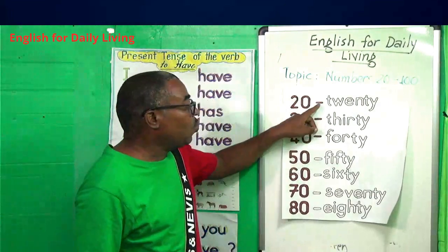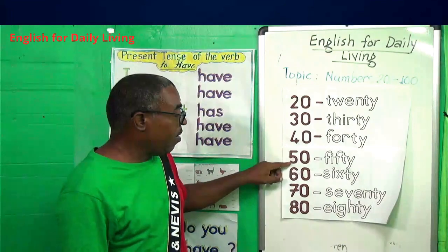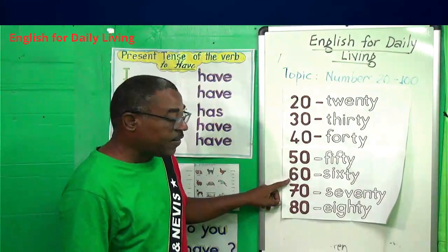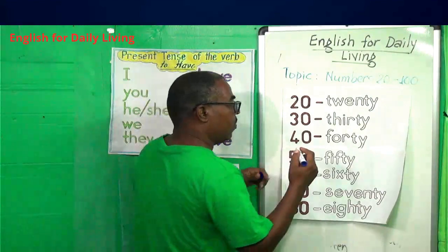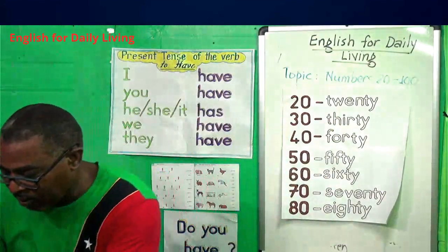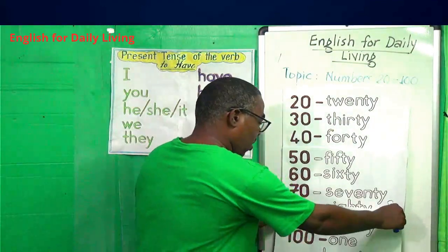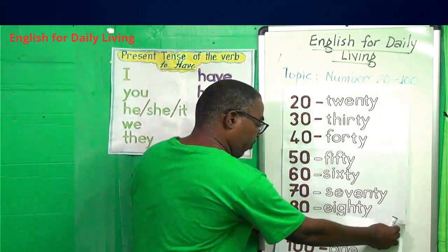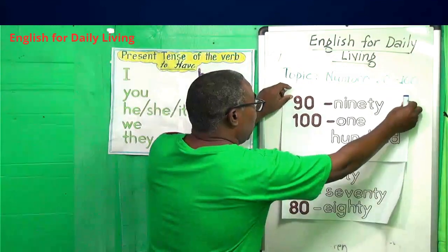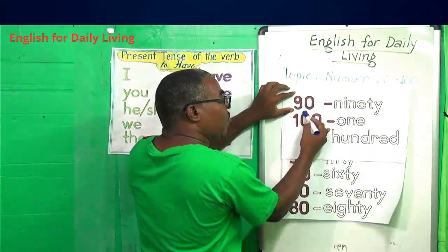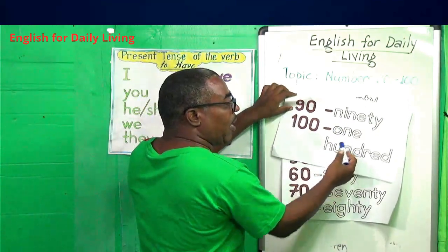Listen and repeat. 20, 30, 40, 50, 60, 70. Then finally we go down here now to 90 and 100. So 90, we can see 90, 9, 90, 100. So those are the numbers going on.